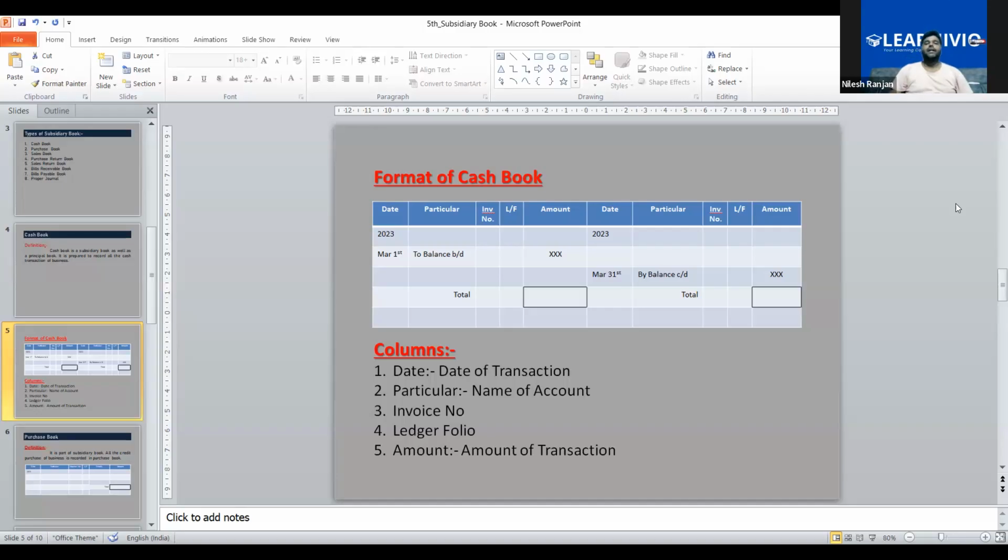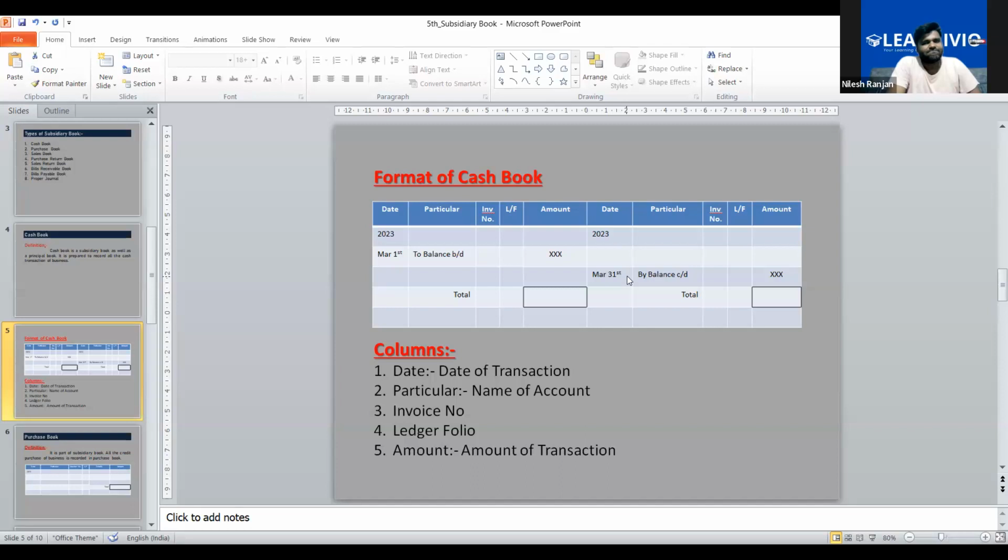Okay. LF means ledger folio, like the ledger page number, as we have written in the journal. Actually, this is mainly blank, because we're doing it digitally now. We don't do it on paper anymore, so we don't have any page number, and that's why LF is blank. Then why do we still write it?